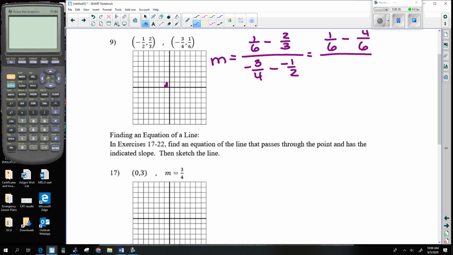And here we have a denominator of 4. So this would be what, 2 as such. And so this would be -3/6 and -1/4.